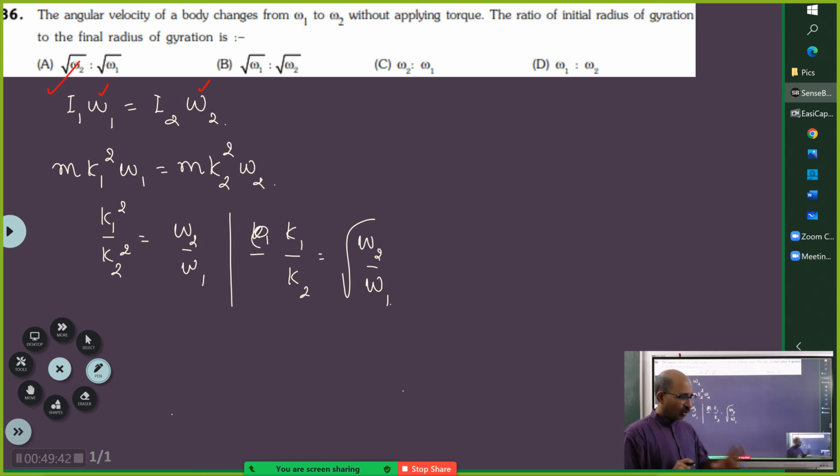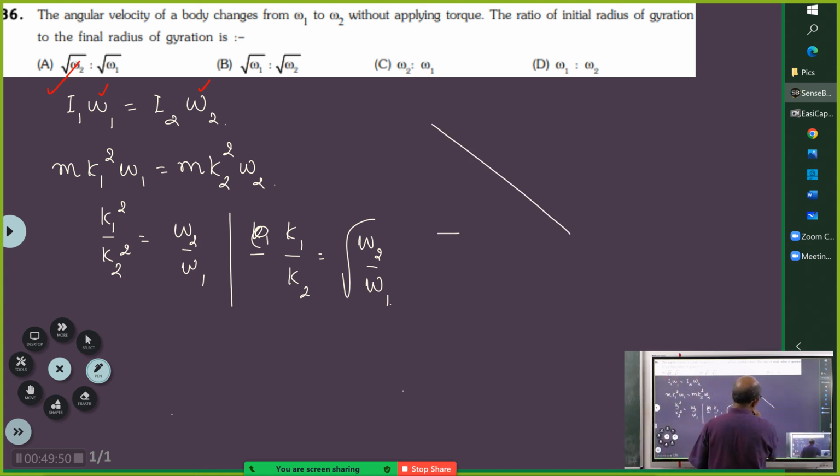For example, in your NCERT book itself, supposing there is a slope. Here you are keeping an object which is cylindrical or spherical in shape, or a ring, or a disk.